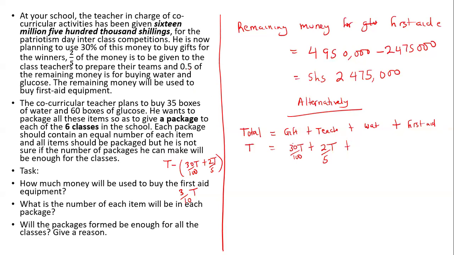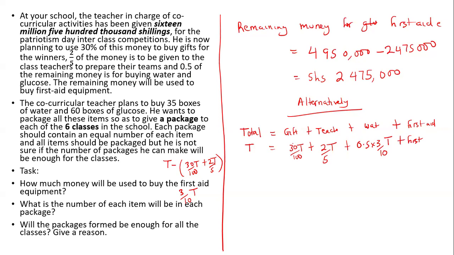But they told us that 0.5 of that money. So that means I'll say 0.5 times 3 out of 10 of the whole of the money that is remaining. Let me hope that is clear. Then plus the first aid.